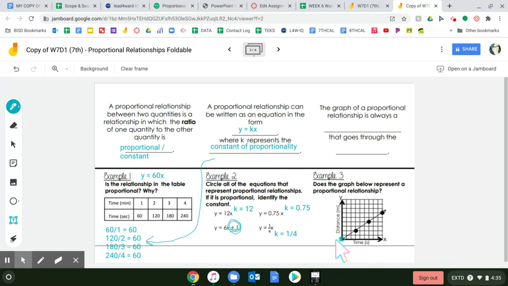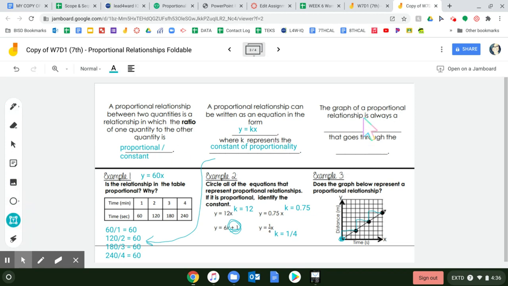There is a point at 0, 0. And looking at the graph, our change is constant. It's going up 2 over 3, up 2 over 3, up 2 over 3. That is a constant rate of change.